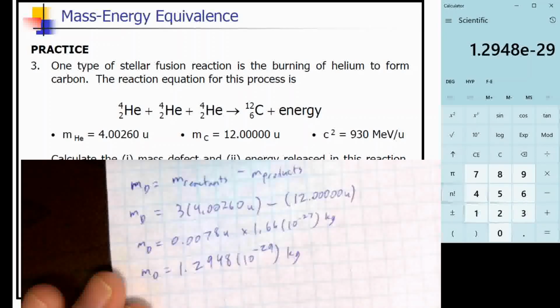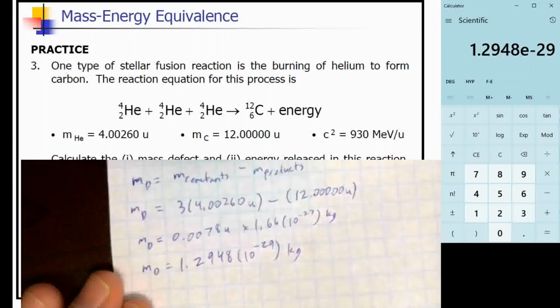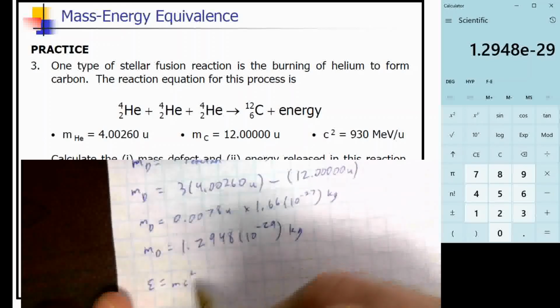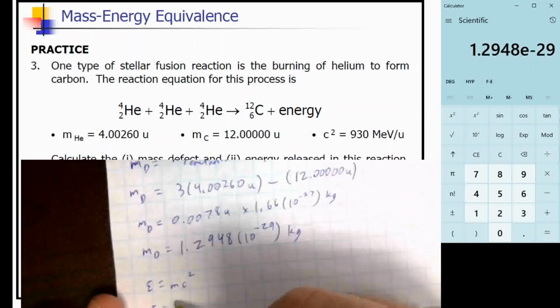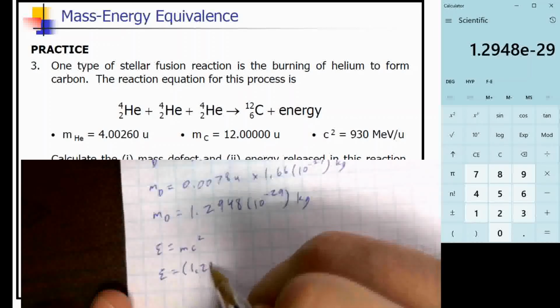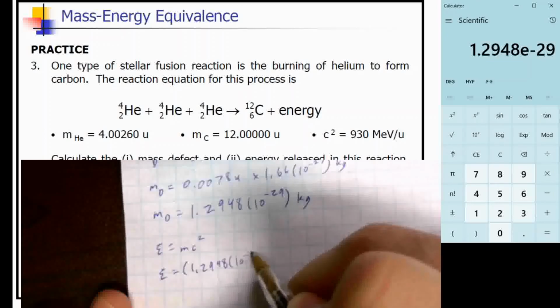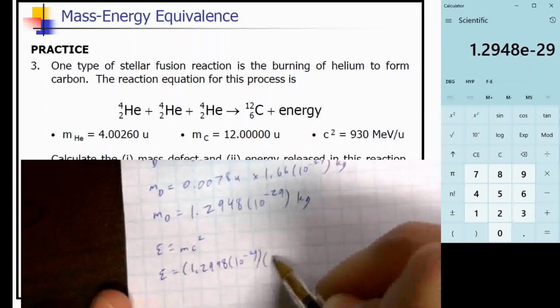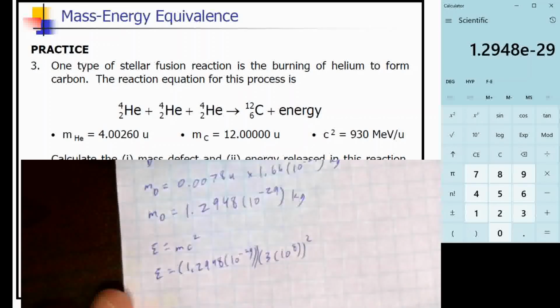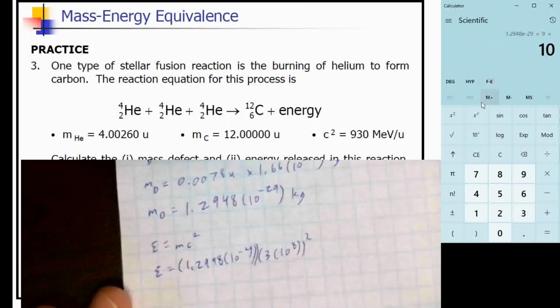Now I'm asked to find the energy released from this, and I'll do the energy using E equals mc squared. So E equals 1.2948 times 10 to the negative 29, multiplied by c squared, which is 3 times 10 to the 8 squared, which is the same as 9 times 10 to the power of 16.